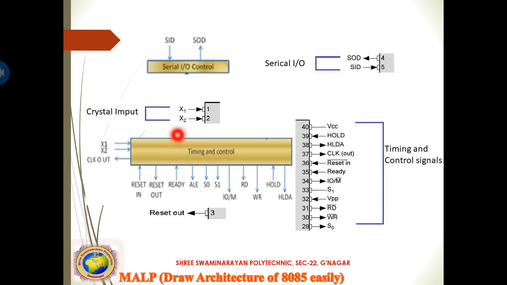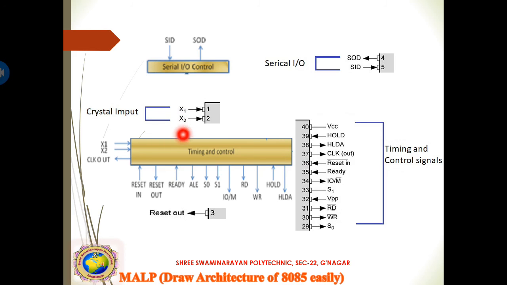In the same way, timing and control. There are various signals: x1, x2, clock out, reset in, reset out, ready, ALE, S0, S1, IO/M bar, RD, WR, hold acknowledgement. So these will be connected. Pin numbers 29 to 39 and 40, which is VCC, are the timing and control signals.